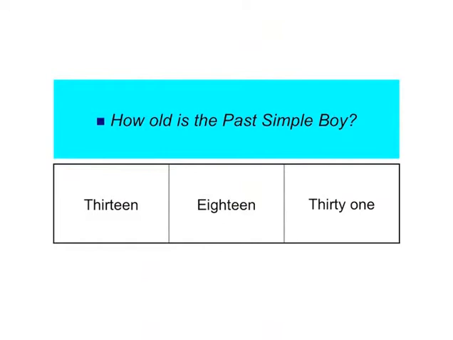Next one. How old is the Past Simple Boy? The options are 13, 18, 31. Now you will not find the number as it is. Apply your brain. Go and calculate. Read the extract carefully.